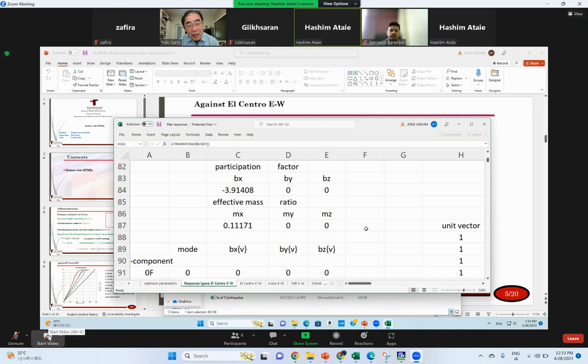If we add another TMD, we will not obtain better results in that case because the first mode mass contribution is small and there is no need to concentrate.